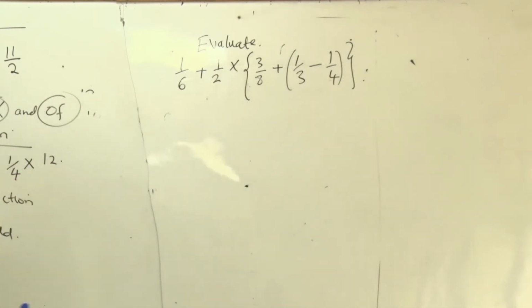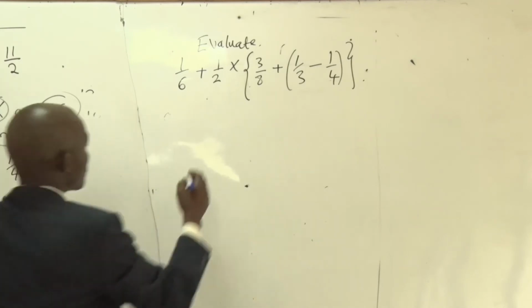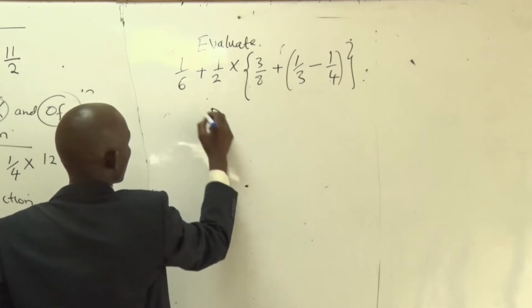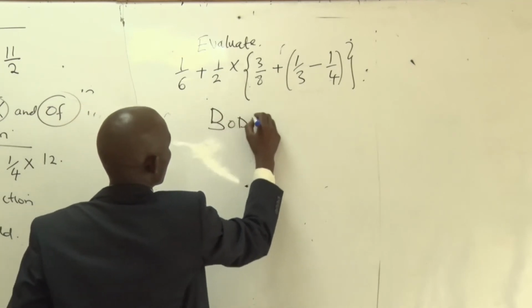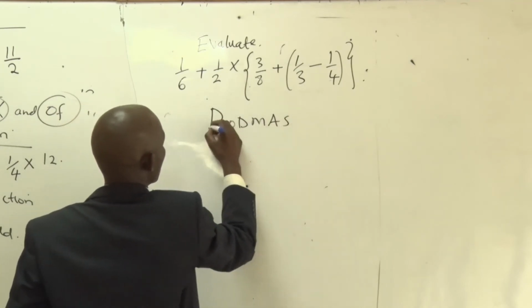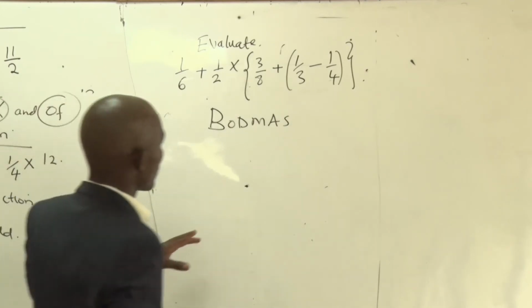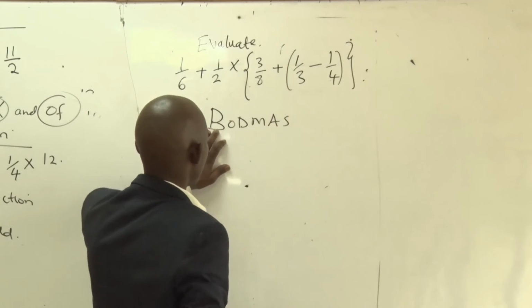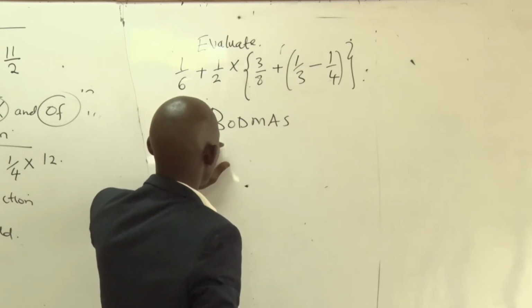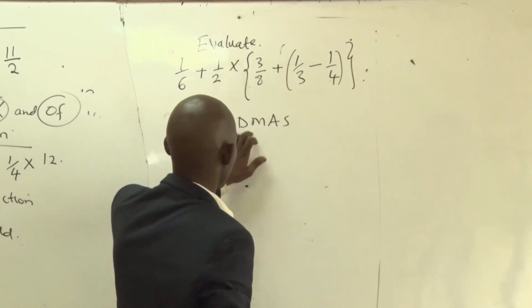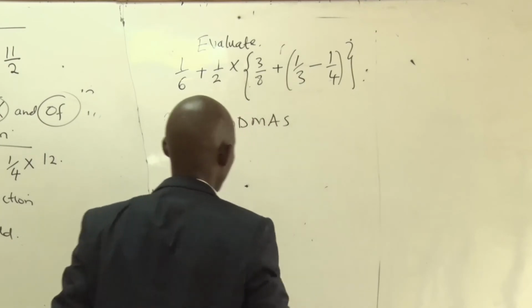If you are given such a case and you are supposed to solve, you have to write the BODMAS theme. You have to begin with BODMAS, meaning you need to get where the brackets are. After the bracket, you go to off, division, multiplication, and addition.